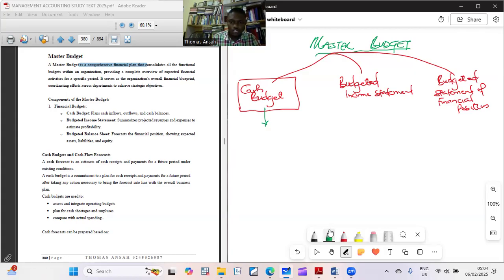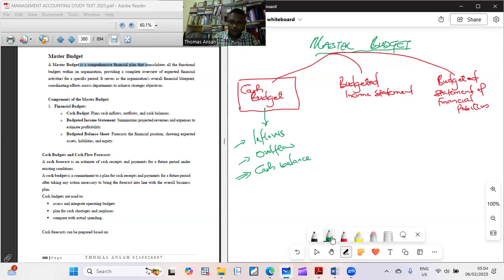Here we look at how much cash will be flowing into the entity, the inflows and the outflows. The balance we get out of that will be our cash balance, so that every period we know how much cash balance we have.